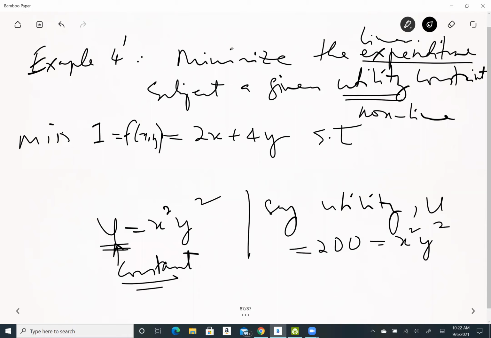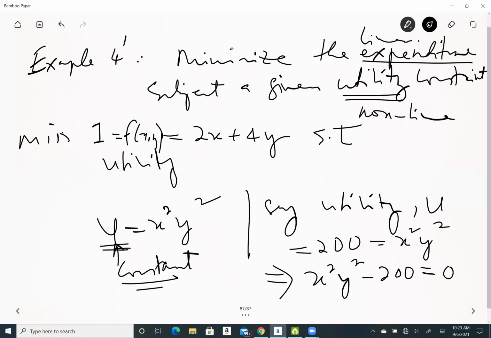That is our constraint. So you rewrite it as per the Lagrangian multiplier: x squared y squared minus 200 equal to 0. So you have the problem: minimize the expenditure, which is our income, subject to the utility constraint, x squared y squared equal to 200.